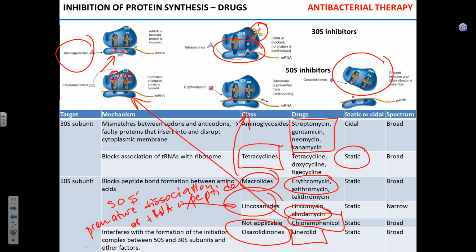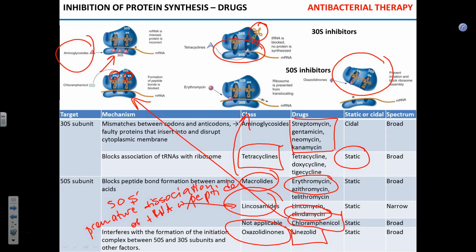What you have to know: I'm not going to ask you to describe in essay questions. You won't have to describe in detail what is the exact mechanism. But I can ask you, the tetracyclines inhibit protein synthesis by binding to the 50S subunit and preventing formation of the peptide bond, which is wrong.